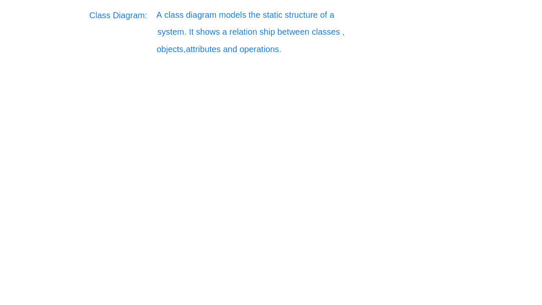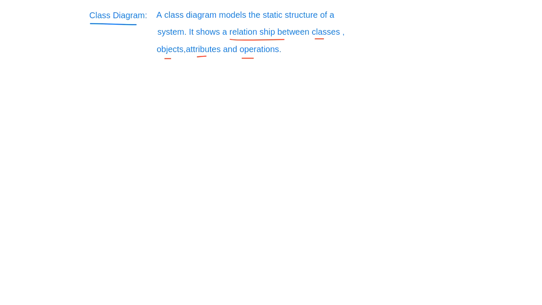This is the definition of a class diagram, which states that a class diagram is nothing but a diagram that models the static structure of a system. It shows a relationship between, and this is very important, classes, objects, attributes, and operations.